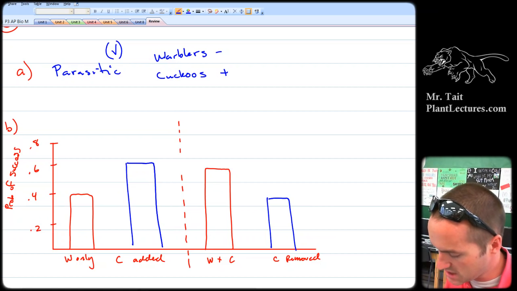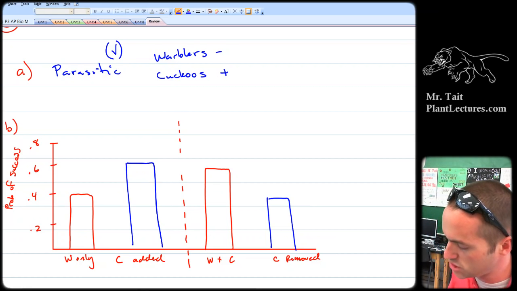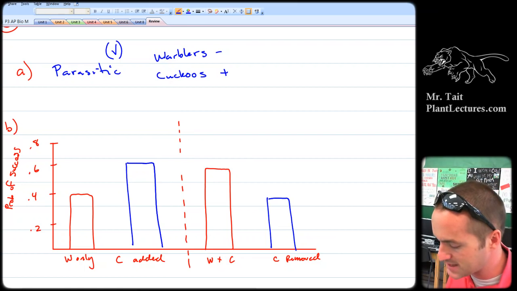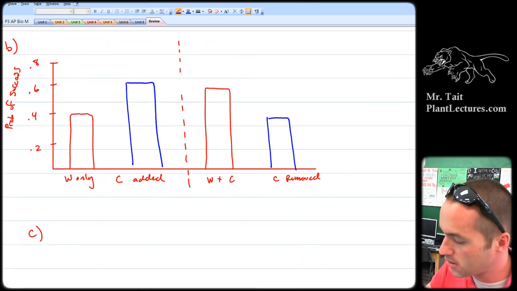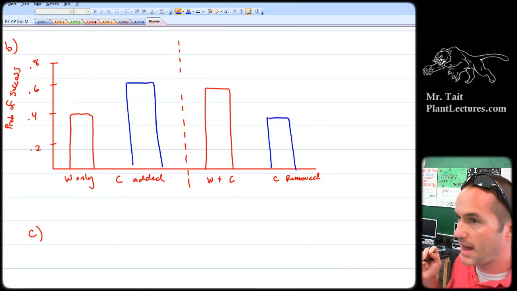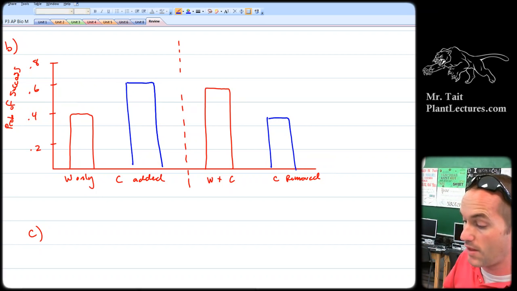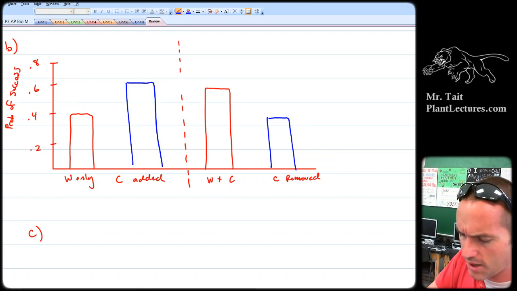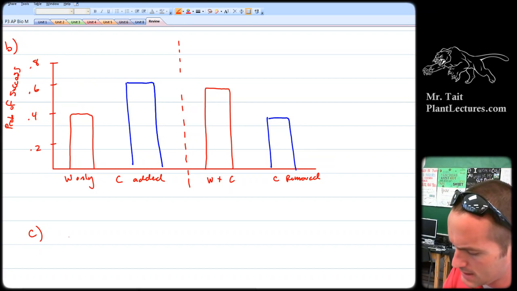And then for C, it says, identify the symbiotic relationship that exists between the cuckoo and the warbler in the presence of predators. Well, if there are predators around, that means that they were more likely to live, because the cuckoos gave the stinky smell and the warblers provided food. And so that is mutualism.